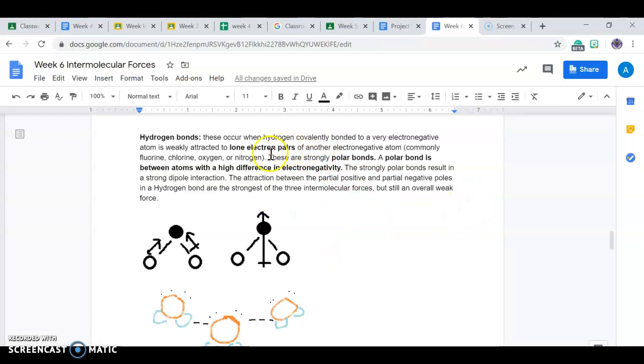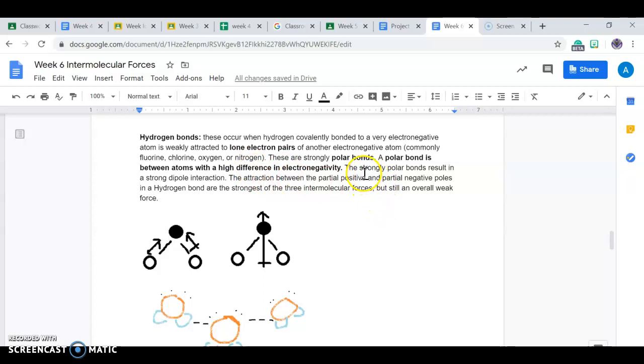Hydrogen bonds are going to occur with the presence of lone pairs of electrons. So if you look at the atoms that commonly have these, you're going to look at fluorine, chlorine, oxygen, and nitrogen. If you have a polar bond and a polar covalent molecule where you have these atoms, there's probably going to be hydrogen bonds involved.